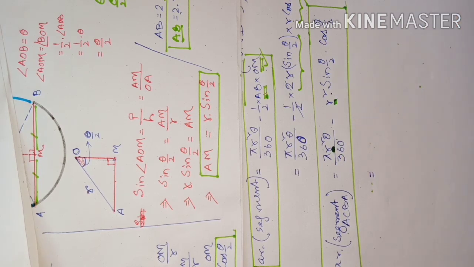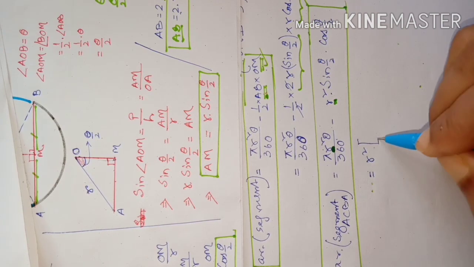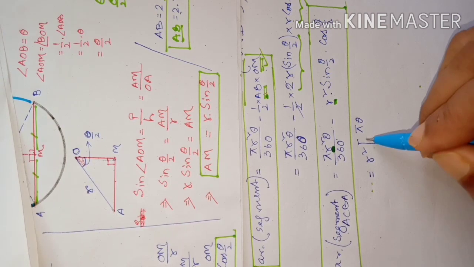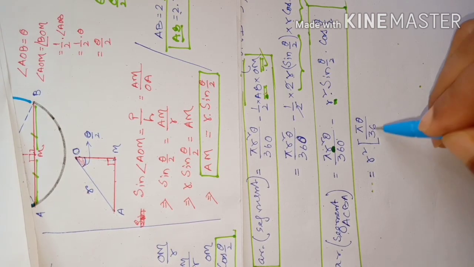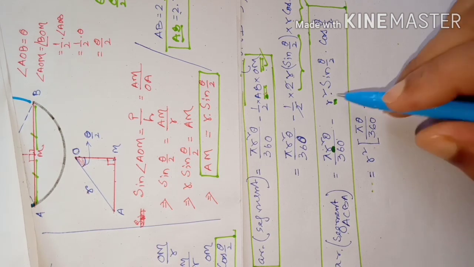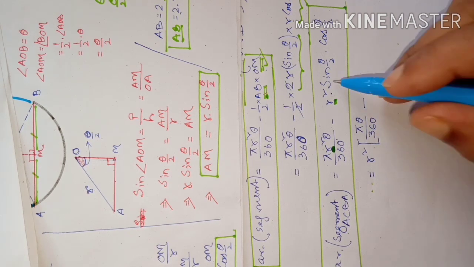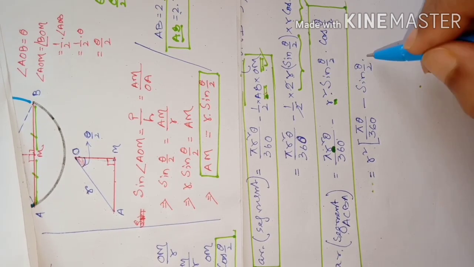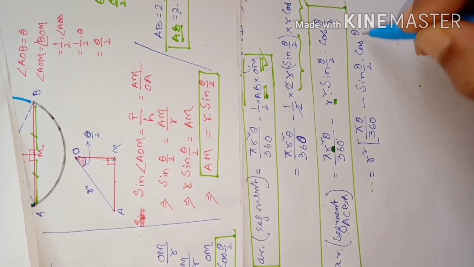If we take r square as a common factor, then it will be pi theta by 360, easy to remember, minus r square taken as a common factor, then here will be sin theta by 2 into cos theta by 2.